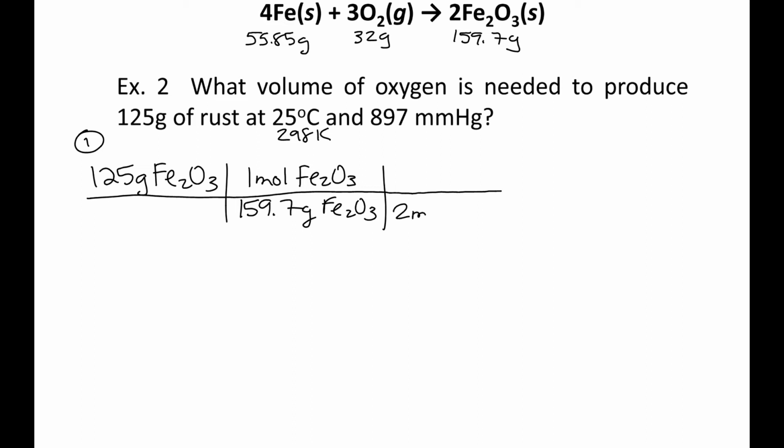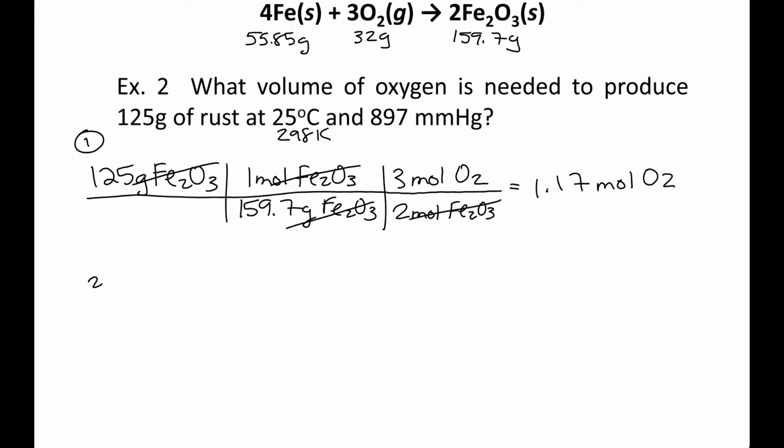So this is 2 moles of Fe2O3, and remember, it's always what you have on the bottom and what you want on top. Okay, so everything cancels out. Now, when you do 125 times 3 divided by 159.7 divided by 2, you're going to get 1.17 moles of O2. That's not the final answer because we want the volume.